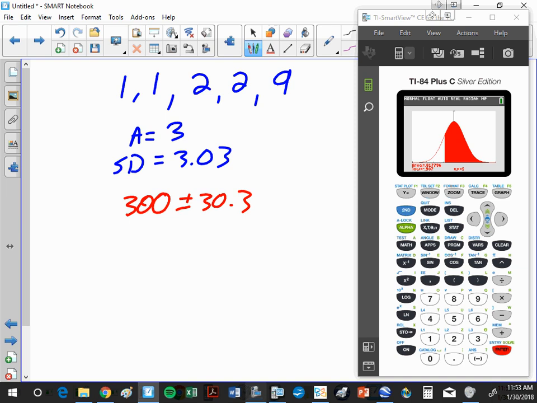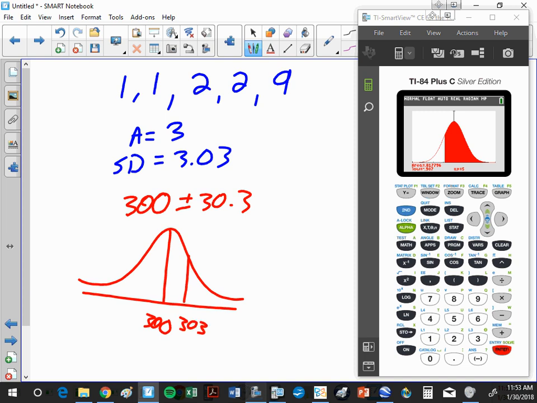Okay. And we want exactly 303. So here's 300 and here's 303. Do we need edges? Why do we need edges? Nope. Because I'm looking at a single column. You always need edges in a single column. So 302.5 to 303.5. So how far is the left edge? 2.5.